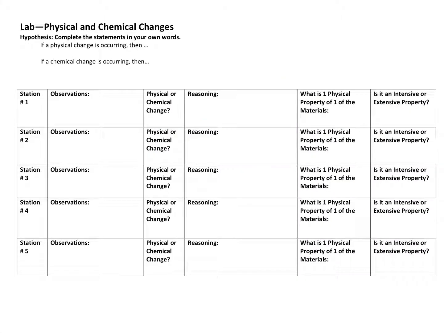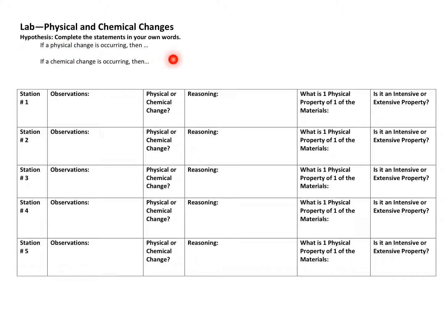Now go through your lab and make sure that all of your observations of physical and chemical change, your reasoning, your identifications of a physical property, and your identification of if this physical property is intensive or extensive is correct. So make sure now that we've covered all of this curriculum that you can apply it and that you have properly applied it up to now.